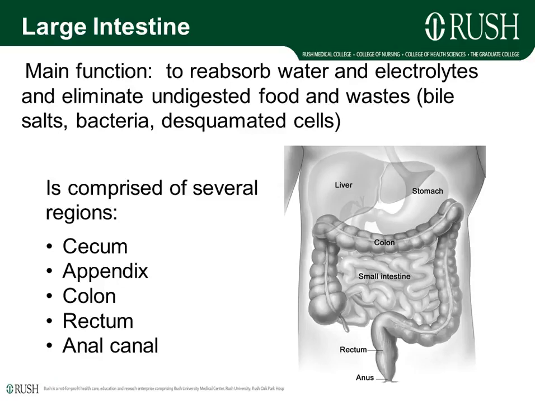The main function of the large intestine is to reabsorb any remaining water and electrolytes, and to eliminate undigested food and waste, which includes mostly fiber, bacteria, the bile salts, and desquamated cells from the entire GI tract.